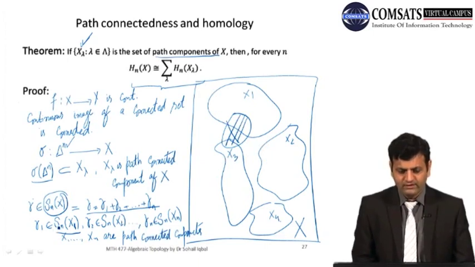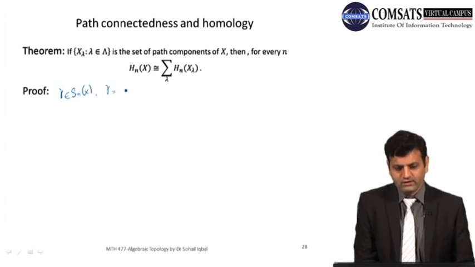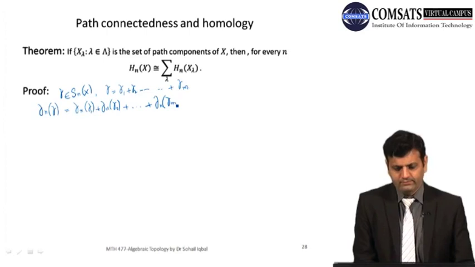So given any gamma in Sn(X), we can write gamma as gamma 1 plus gamma 2 up to gamma m, and if I calculate the boundary of this gamma, it is equal to boundary of gamma 1 plus boundary of gamma 2 plus boundary of gamma 3 up to boundary of gamma m. The n and m should be different, so let's call it m.